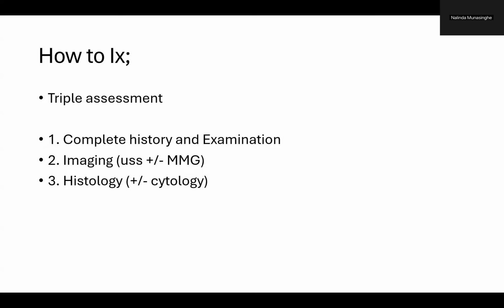The next step would be imaging. Irrespective of the age, all will need an ultrasound scan, but that is a very focused assessment. Patients who are age 40 and above, remember, it's 40 and above, not 30, not 35, will need bilateral mammograms with 2 classical views, craniocaudal view and the mediolateral oblique.